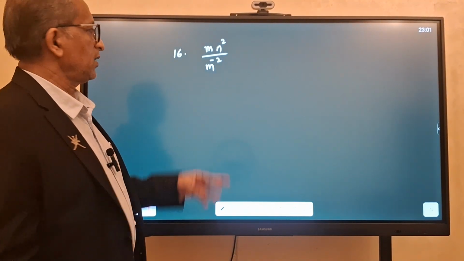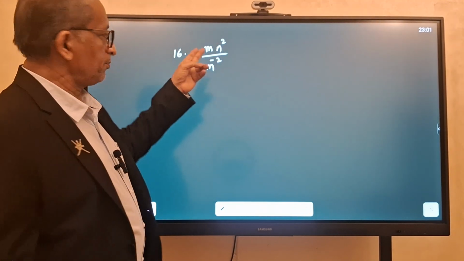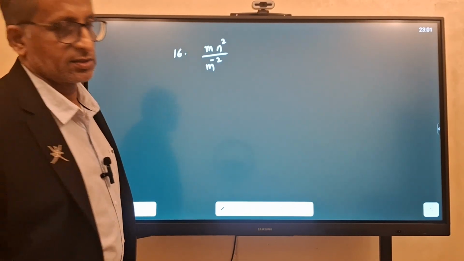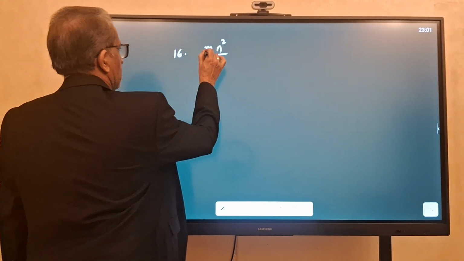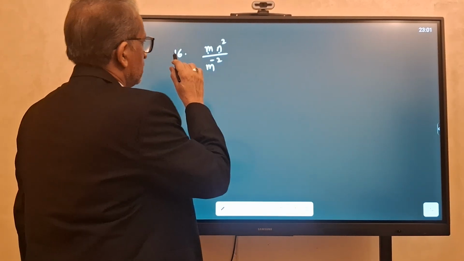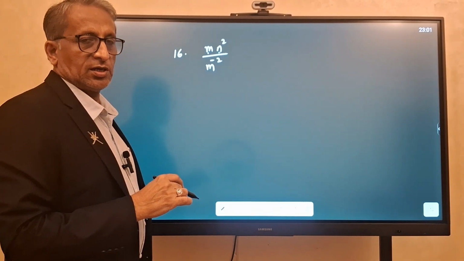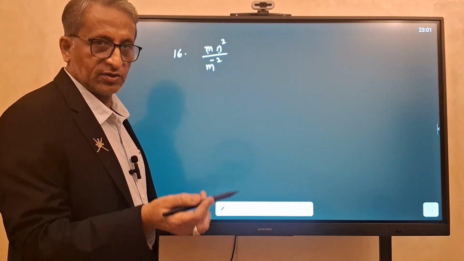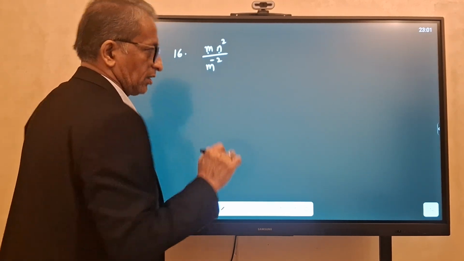In this case, we are given two index numbers up, one index number down, and I want to simplify this. First question, can I combine this and this? You can't, because the base of the first is m, the base of the second exponent is n. They are different. You can't use law number 1.